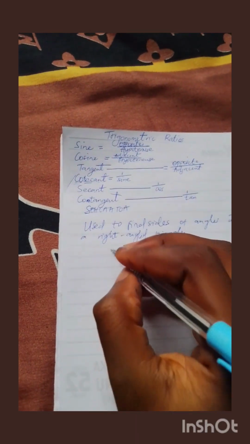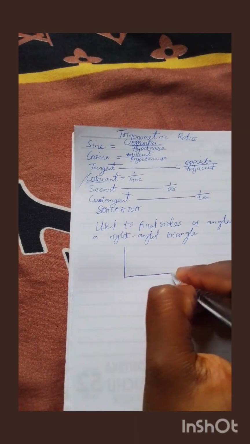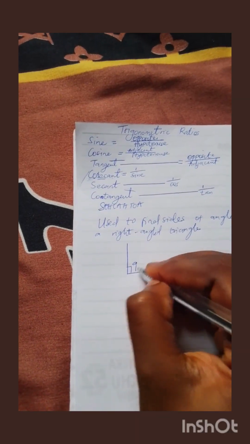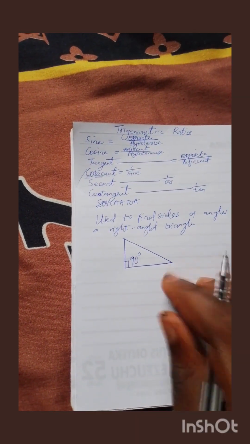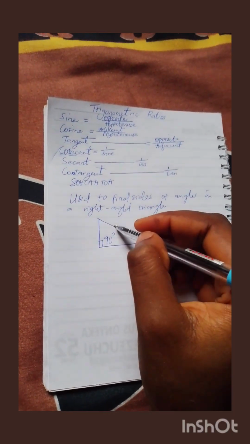And remember, a right angle triangle is a triangle that has a right angle, which is 90 degrees, as one of its angles. When dealing with a right angle triangle, the longest side, which is opposite to the right angle, is the hypotenuse.